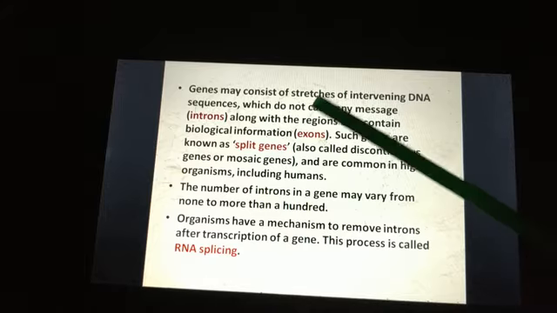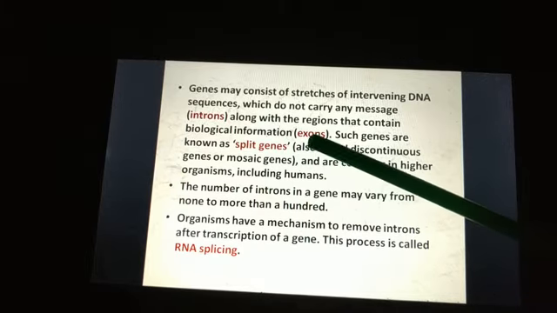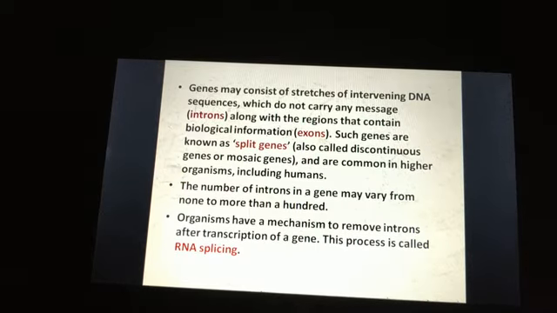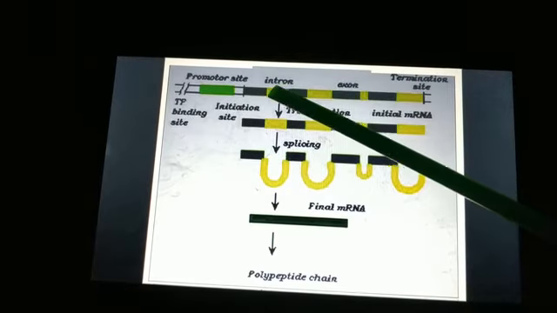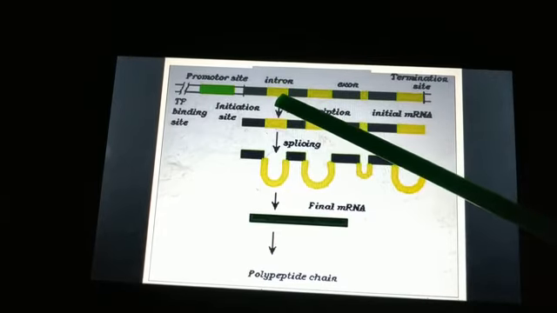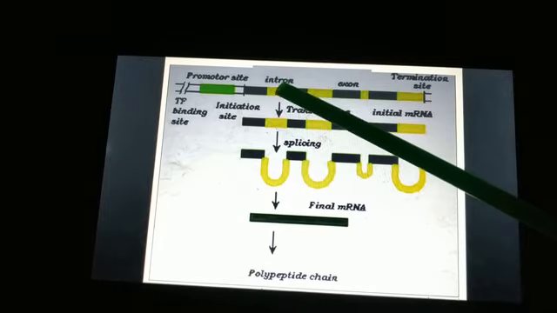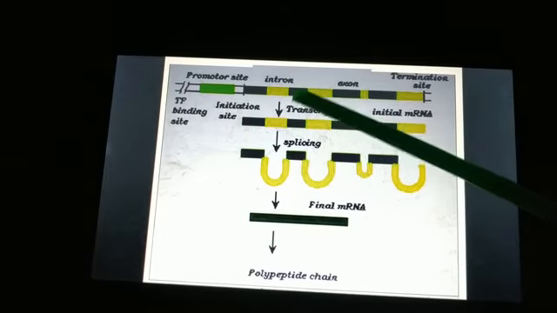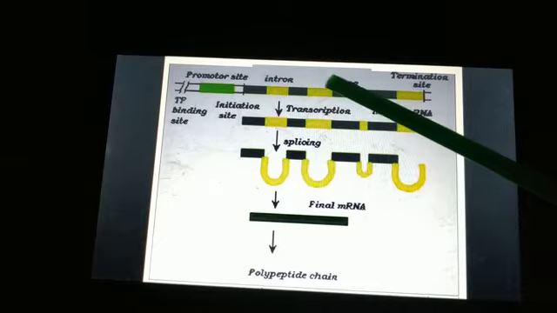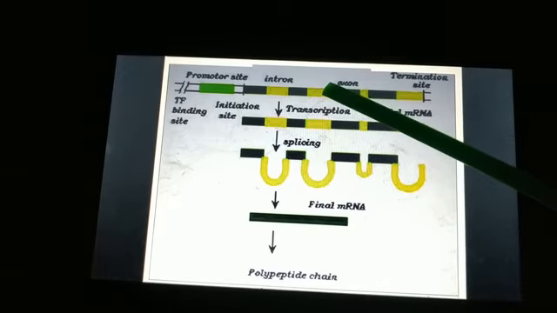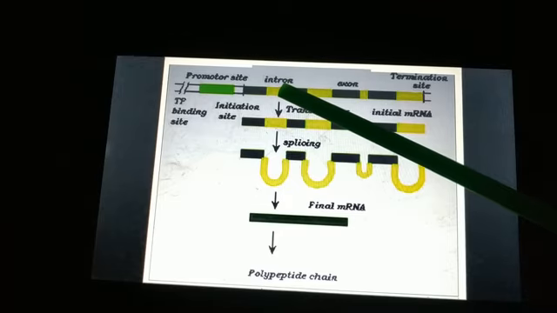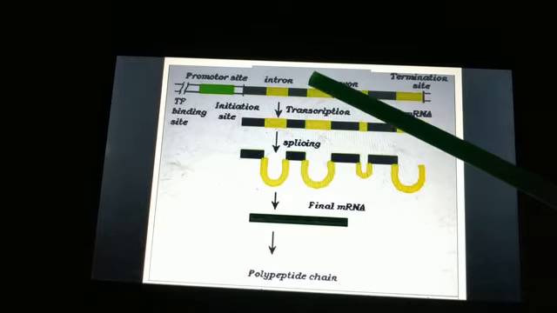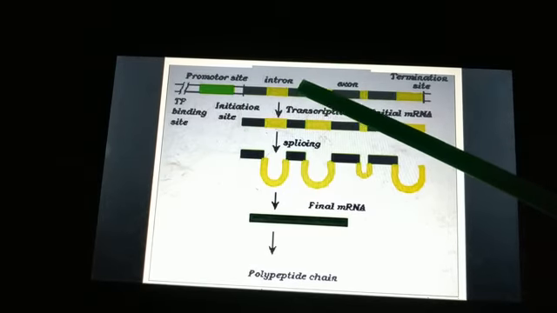In us also we have a sequence of exons, then introns, then exons, and then introns. I'll show you the diagram. See here, suppose this yellow color is intron, then we have this green one, which is exon. Again we have intron and then exon. So the intron does not carry any message, and the biological information is contained in the exon.